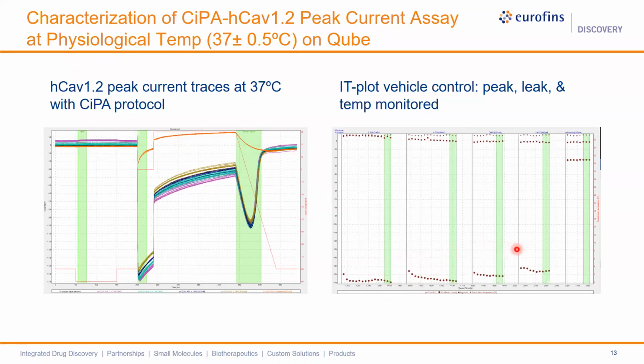And then after the 2 vehicle applications, we apply nifedipine. With nifedipine, if you measure the peak current, there is some current still left. But if you look at the tail current, it's almost 100% blocked. But I'm only presenting peak current here, and that's why you see this current remaining.